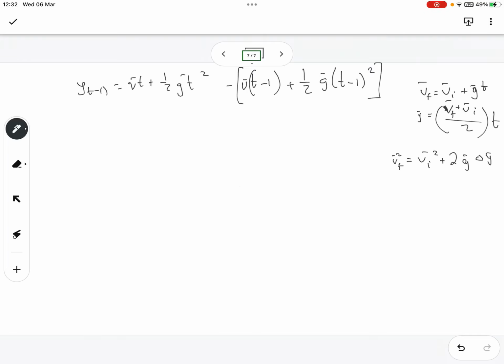Okay, I think this formula has some sense to it.